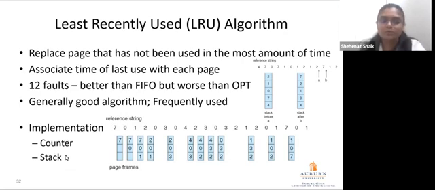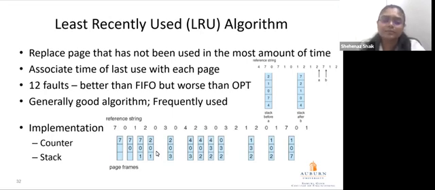And then we have what we call the stack-based implementation, where whenever a referenced page is already in memory, we move that page to the top of the stack. Otherwise, if there is any newly arriving page, then again we place that page on top of the stack.